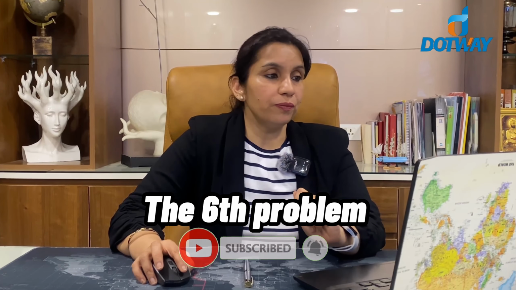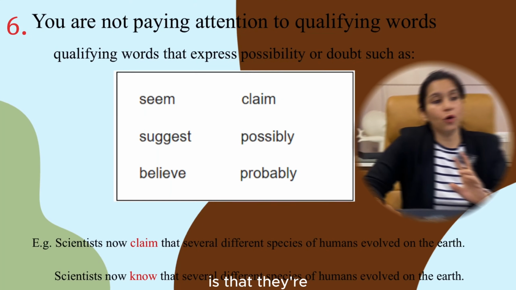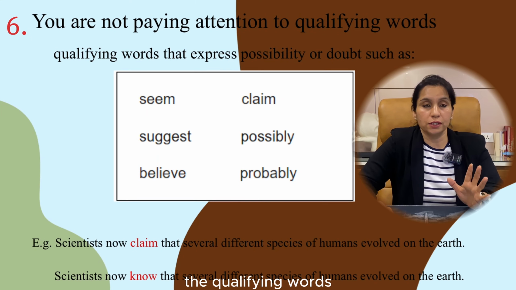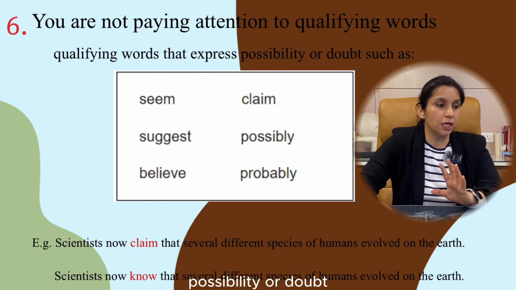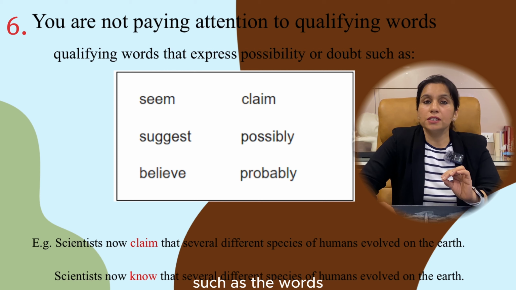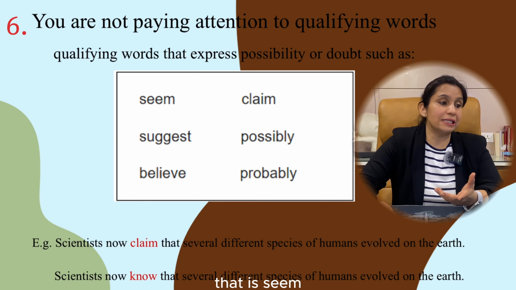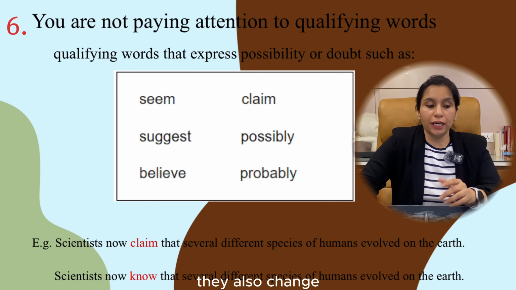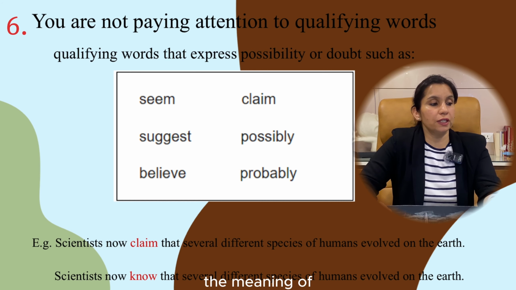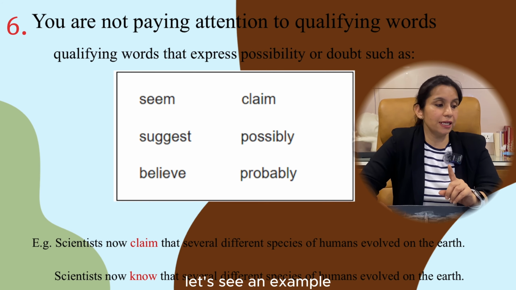The sixth problem which students make is that they're not paying attention to the qualifying words. Qualifying words express possibility or doubt, such as the words we don't pay attention to: seem, suggest, believe, claim, possibly and probably. They also change the meaning of sentences. Let's see an example.